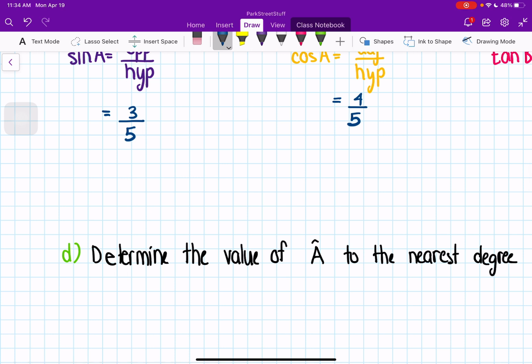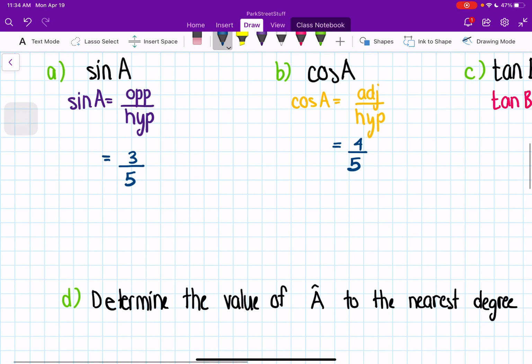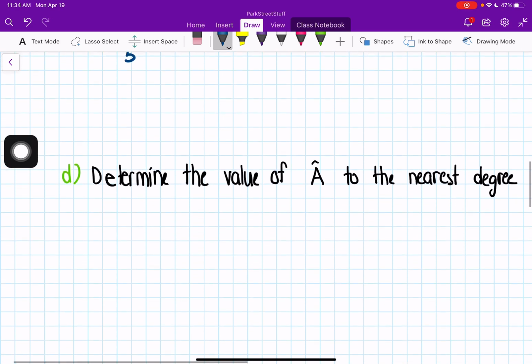So here we're still going to be looking at the example, and now they want us to determine the value of angle A to the nearest degree. Well, we could use either sine, because we have sine of A is 3 over 5, or we could use cosine because we have cos of A is 4 over 5. So what I'm going to do is I'm going to show you both ways.